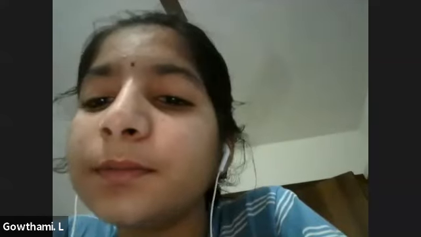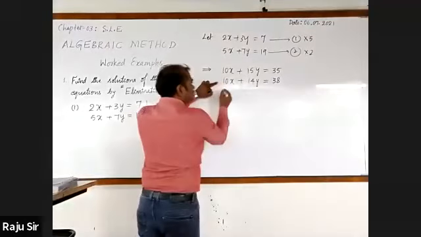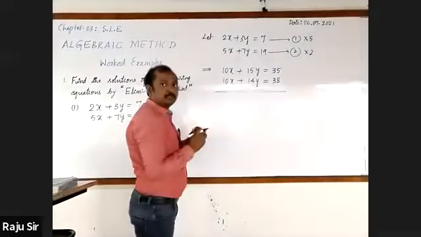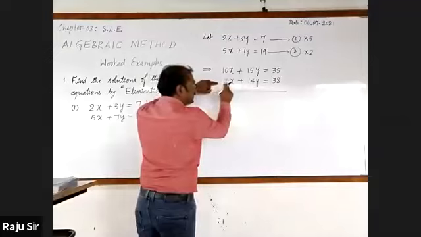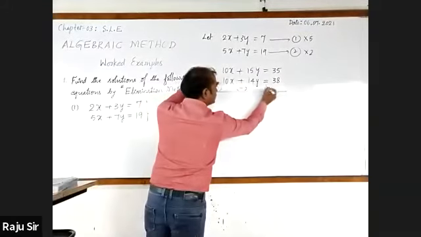Yes, sir. Now, as these two are plus sign, so I'm going to change the sign, which means that I'm going to subtract second equation from first equation. Now, observe it. This is minus, and this will be minus, and this is minus.